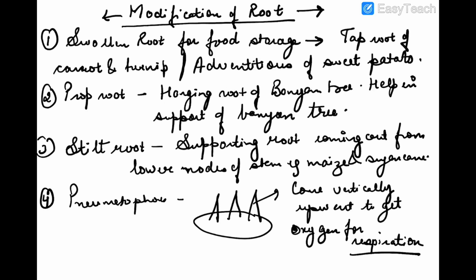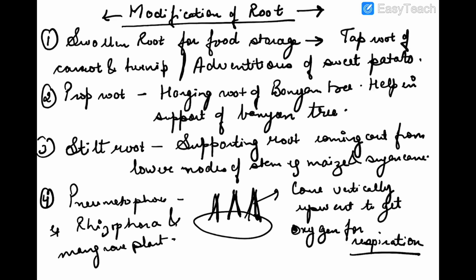So these are the roots which come vertically upward from the ground, and they help in respiration. For example, rhizophora and mangrove plants. So the function of root is absorption of water. Also the function of root is providing proper anchorage to the plant, and it also helps in storage of food.